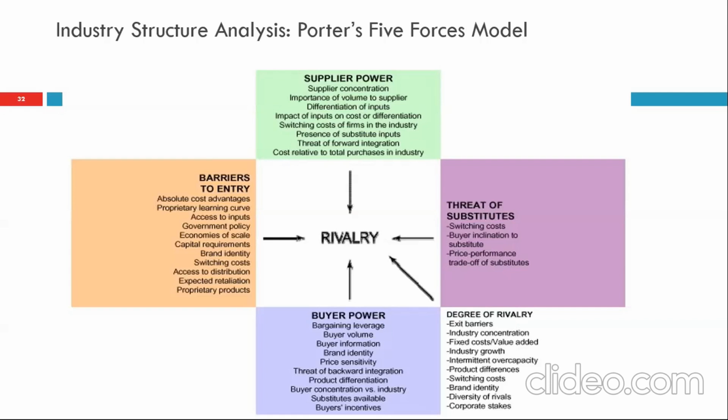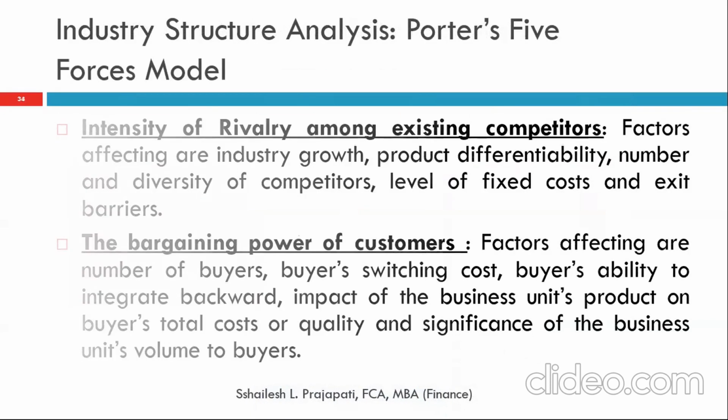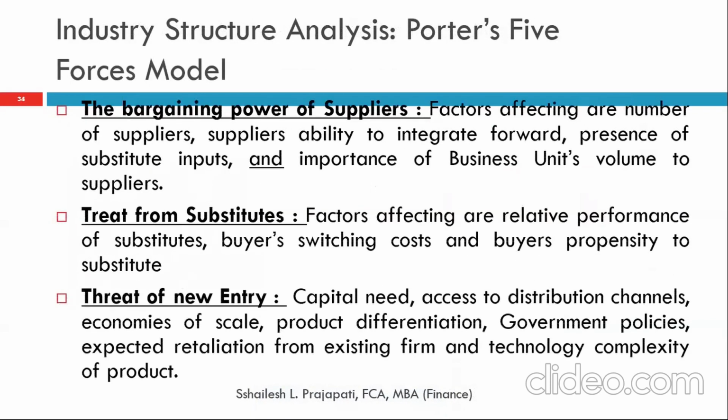So entry barriers, exit barriers, then industry growth, then switching cost, brand loyalty, diversity of rivals, corporate stakes will all have an impact on this business while you read through the Porter's 5 forces model. I have divided this into some theoretical part which you can read later.